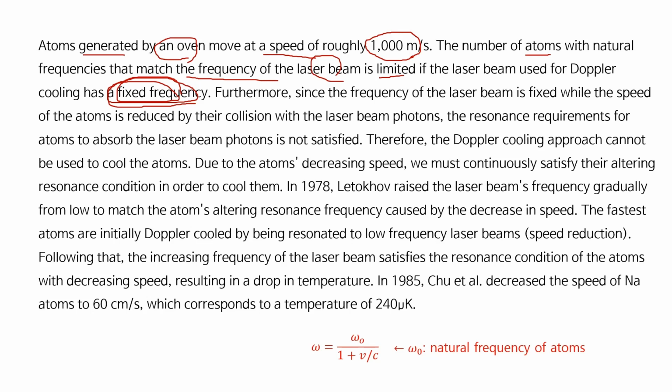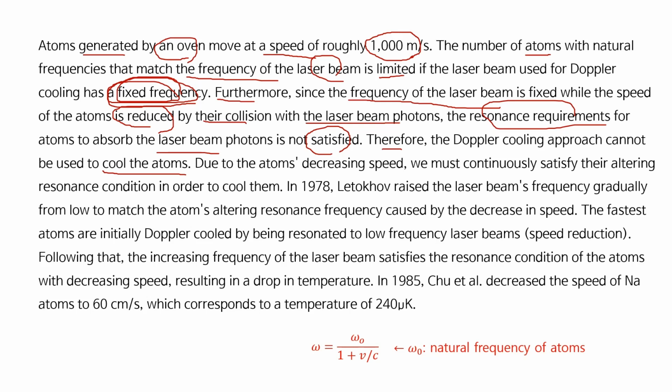Okay. Furthermore, since the frequency of the laser beam is fixed, while the speed of the atom is reduced by collisions with the laser beam photons, the resonance requirement for atoms to absorb the laser beam photons is not satisfied. Therefore, the Doppler cooling approach cannot continue to cool the atoms.